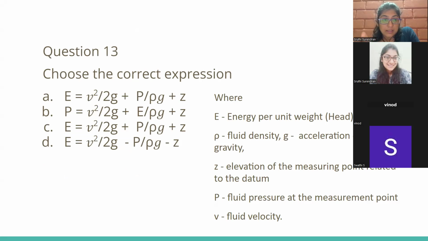E is the total energy per unit height, or energy per unit head. It's not energy per unit weight, it is energy per unit head.